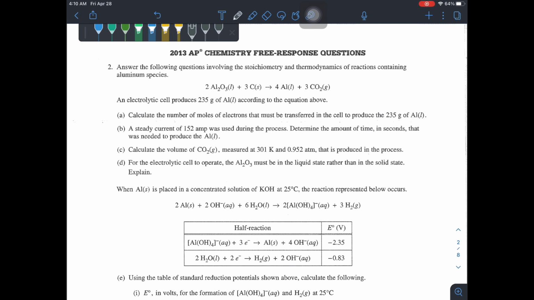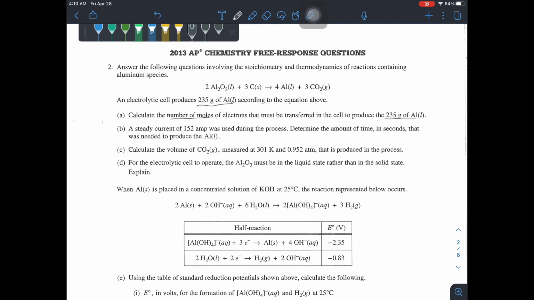Okay, so the first question, we know that an electrolytic cell produced 235 grams of aluminum according to the equation above, and part A is asking us to calculate the number of moles of electrons that must be transferred in the cell. So before we calculate the moles of electrons, we need to calculate the moles of aluminum.